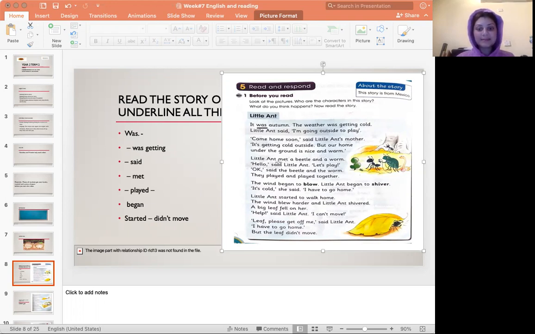Little Ant met a beetle and a worm. Oh, this is not a snake, it's a worm. Hello, said Little Ant. Let's play. Okay, said the beetle and the worm. They played and played together.